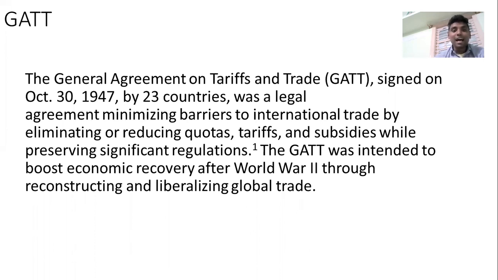It was a legal agreement for 23 countries, minimizing barriers to international trade by eliminating or reducing quotas, tariffs, subsidies, while preserving significant regulations.